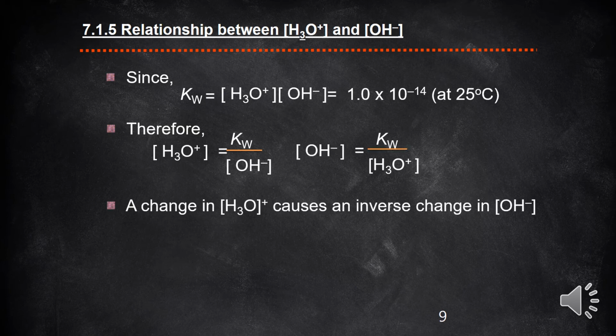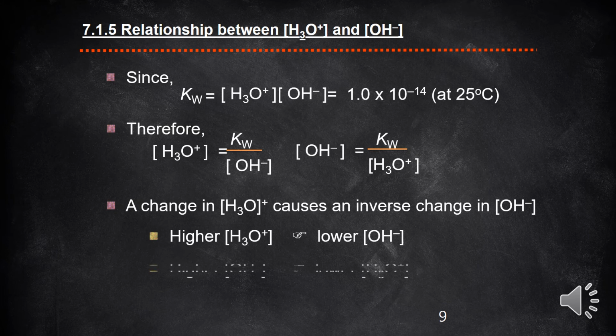A change in concentration of hydronium ion will cause an inverse change in concentration of hydroxide ion. For example, the higher the concentration of hydronium ion, we get the lower value of concentration of hydroxide ion. And the higher the concentration of hydroxide ion, we will get the lower concentration of hydronium ion.